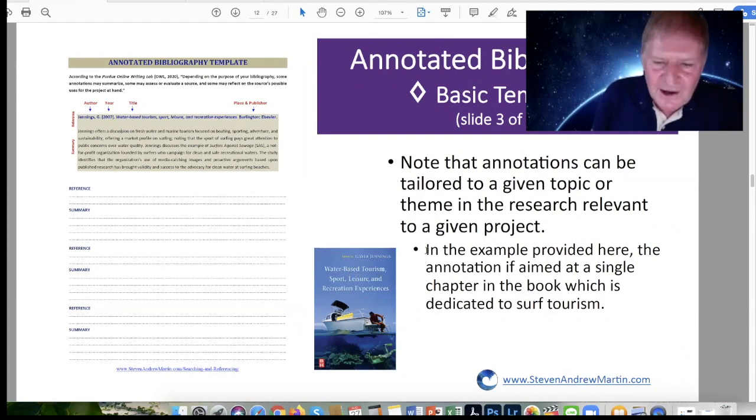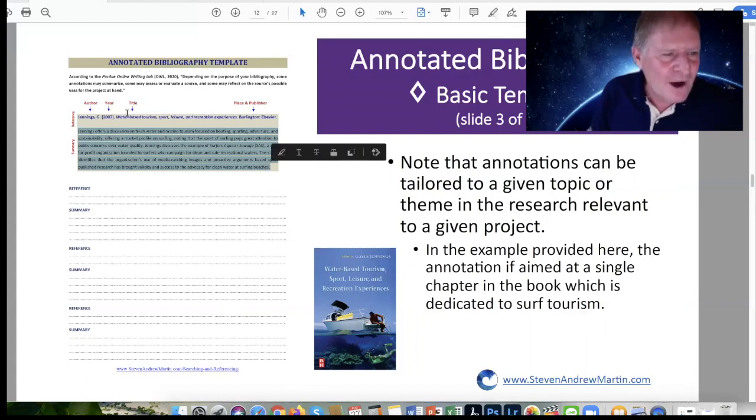My annotation that you see here in this picture is for the book by Jennings, but in his introduction, Jennings talks about surfing tourism. So the book's not on surf tourism, but I can include it even though it's on water-based tourism.